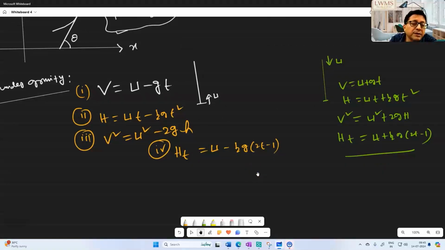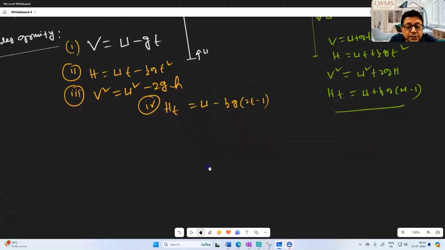Now one thing I would like to remind you, which we have discussed previously, I need to mention here. It's a very important topic: the sign of any physical quantity given here, you have to use properly. Like when the particle is thrown upward from the top of a tower with velocity u, how to write the equation of motion?